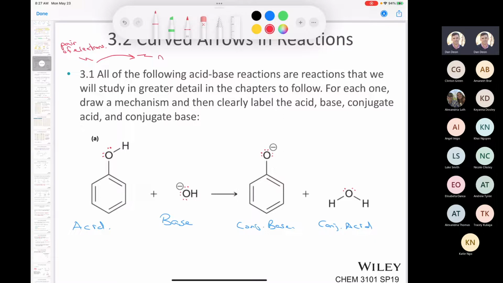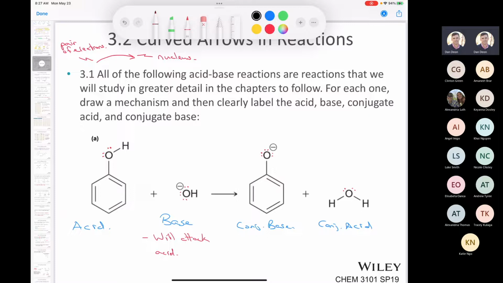Where do you find a nucleus? In an atom. Anyhow, let's take a look here. So we've got our acid and our base. What's going to happen is the base will attack the acid.